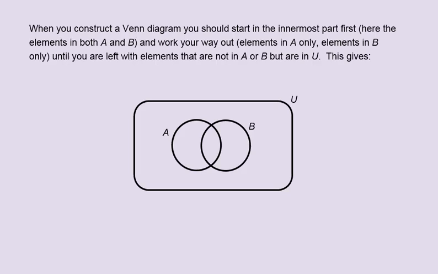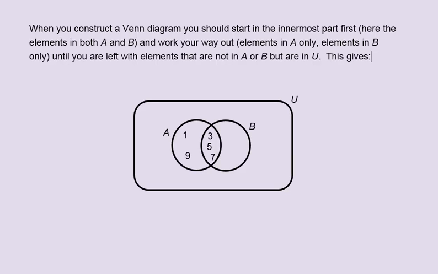Let's start in the middle with the elements that are in A and B. So these are odd numbers that are also prime: 3, 5 and 7. Next, the elements that are only in A. These are the odd numbers that aren't prime: 1 and 9.